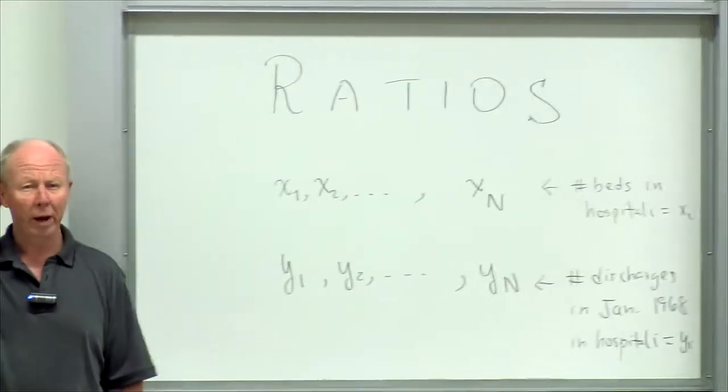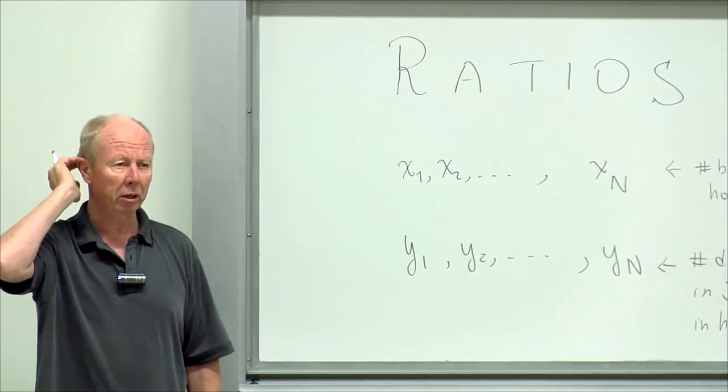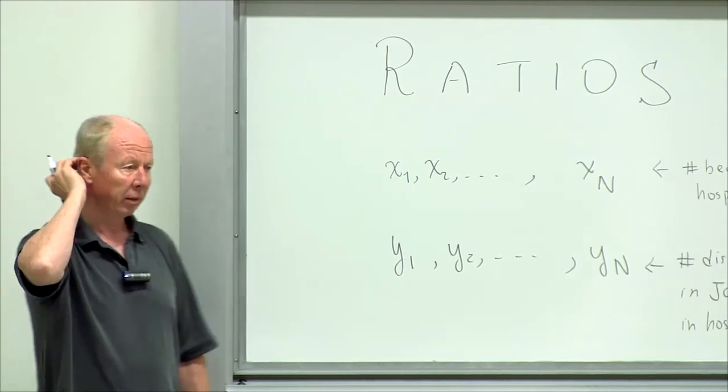So each pair x_i, y_i represents two distinct measurements of an individual i in some population.